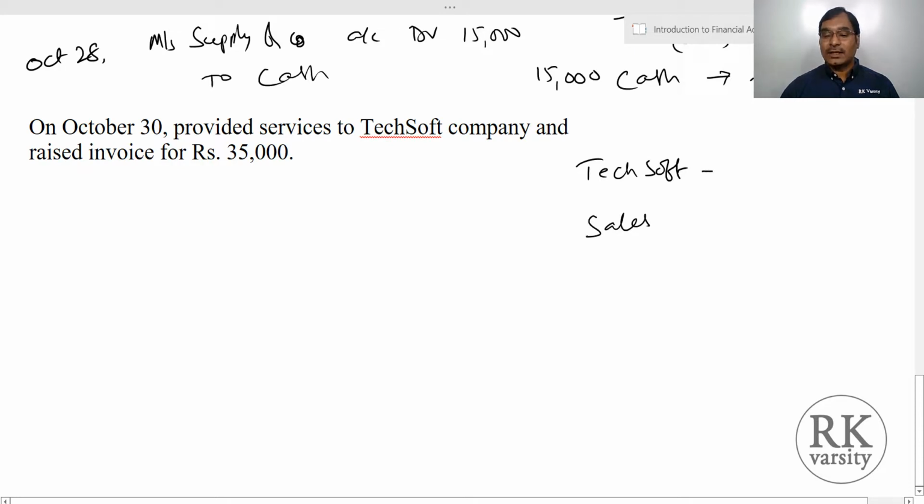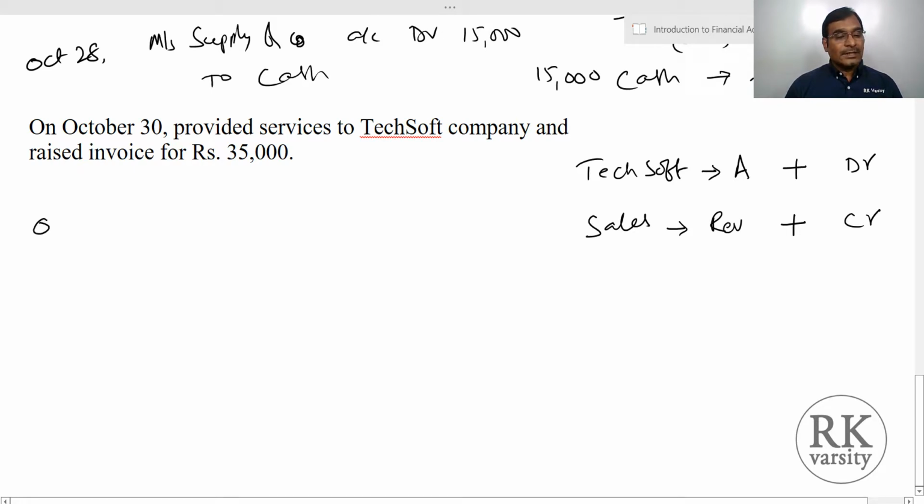Techsoft, who owe you money, is an asset, and sales is your revenue. So what happened to the revenue? There is an increase in revenue, and Techsoft, who owe you money, there is also an increase in your asset. An increase in your asset is debit and an increase in your revenue is credit.